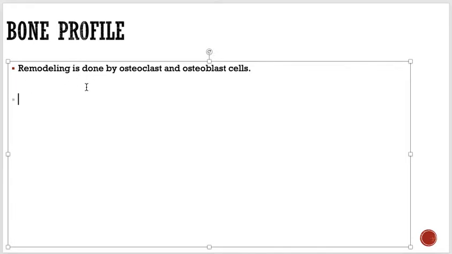Before going on, whatever osteoblasts or osteoclasts are doing, what is important to understand here is that this remodeling of the bone, which is done by osteoclasts and osteoblasts, needs calcium, and there is phosphate, and there is something called alkaline phosphatase, which is written as ALP.